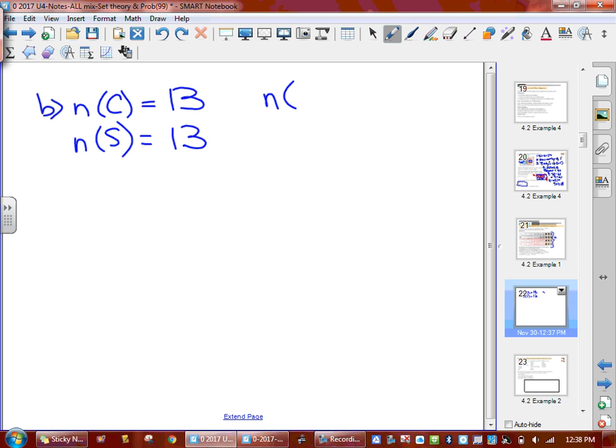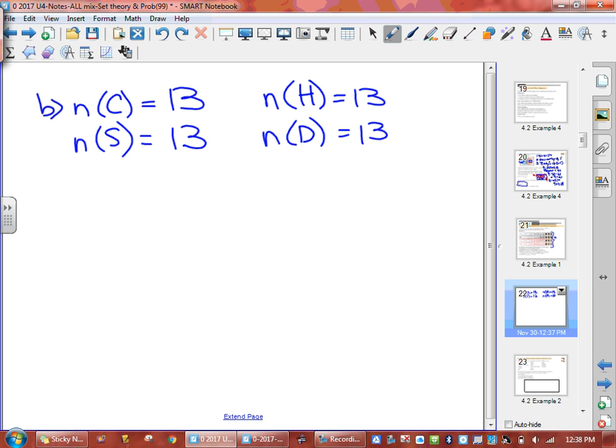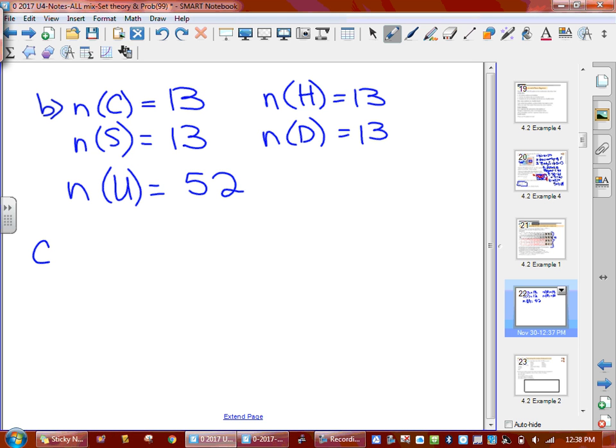C says they want the number of S spades or hearts, so all spades or hearts, and then it says prime. So remember, that means not spades and hearts, so they want the complement of spades and hearts.